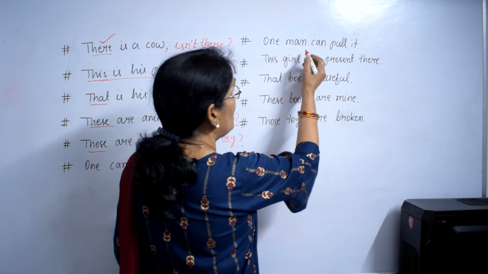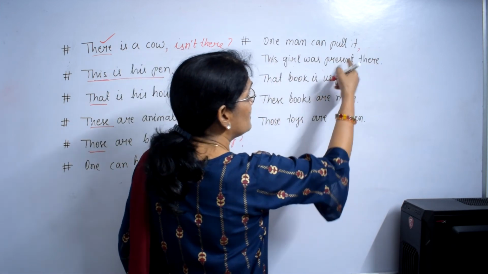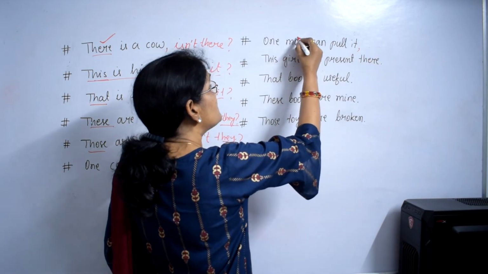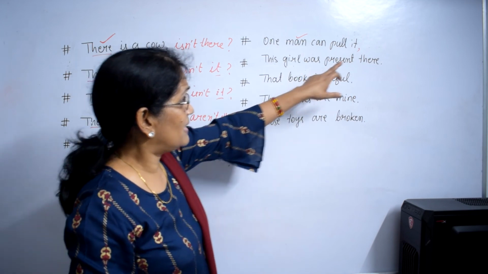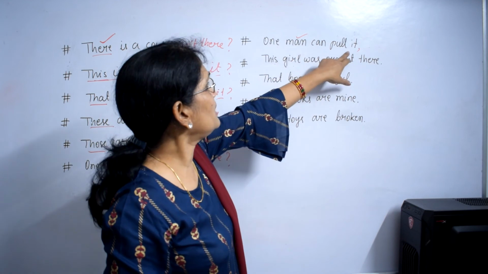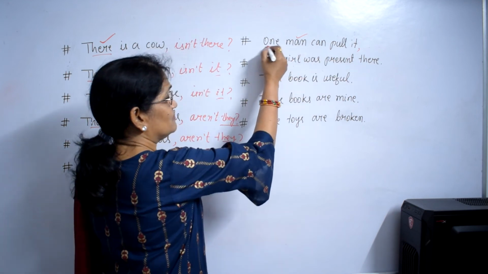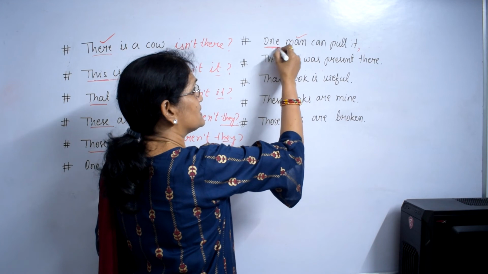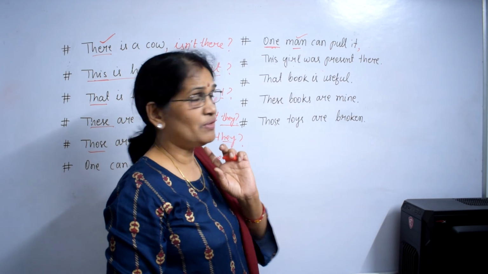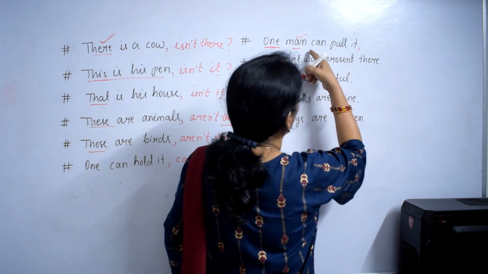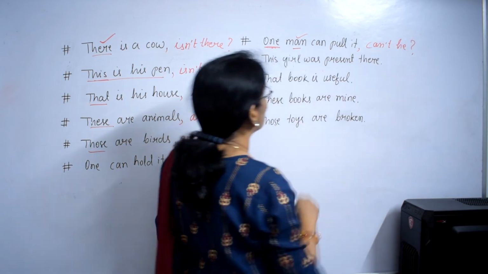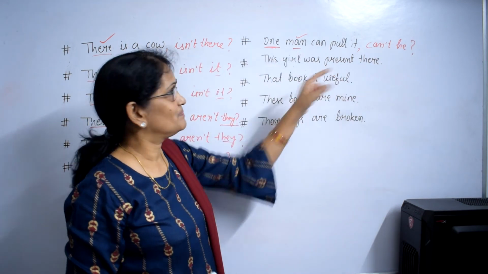Let's see. One man can pull it. Add a question tag, change the full stop into a comma. One man: as per the noun, we have to write the subject in the question tag. One man can pull it. Here one is written, but in one man, one is used as an adjective for man. For man, what subject will come? The subjective pronoun he will come. So, can't he? The girl was present there. Wasn't.